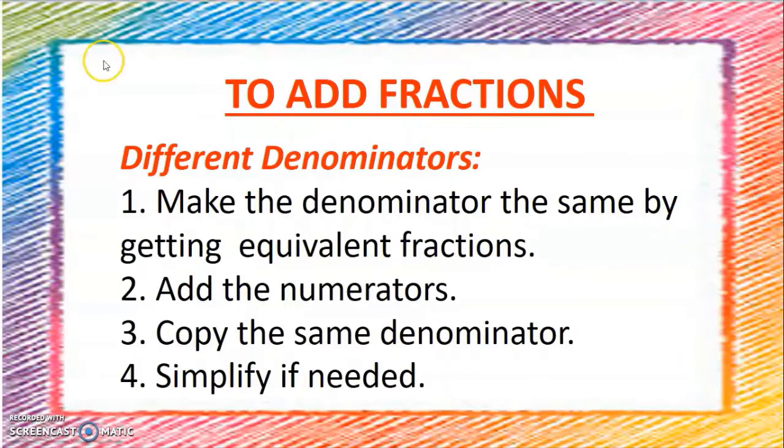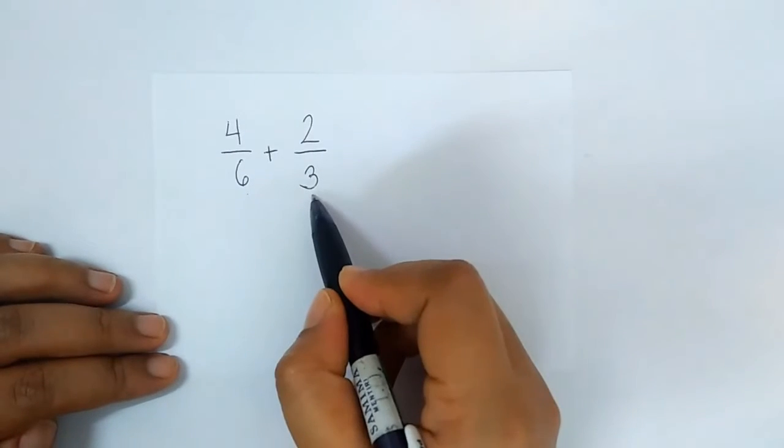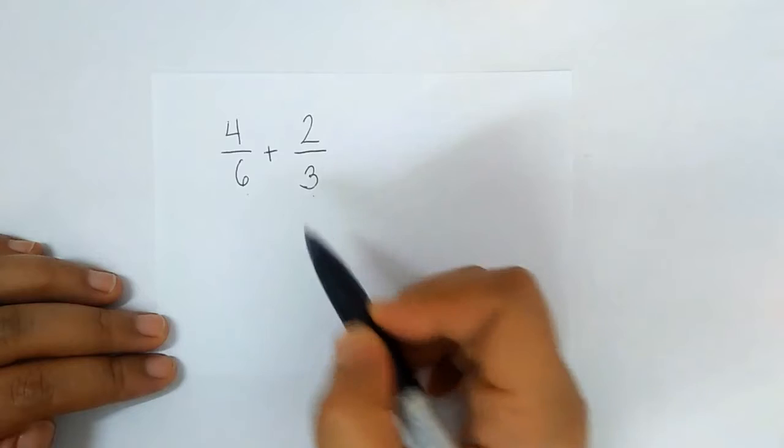To add fractions with different denominators, first, make the denominators the same by getting equivalent fractions. Second, add the numerators. Third, copy the same denominator, then simplify if needed. For example, as you can see, the denominators are not the same, so we are not able to add.